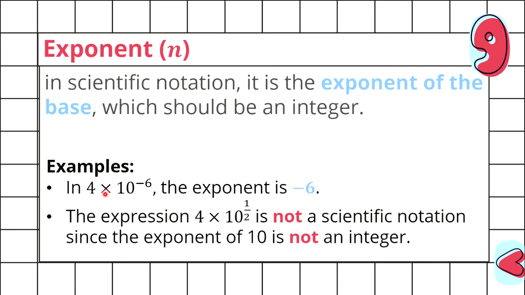In 4 times 10 raised to negative 6, the exponent is negative 6, a negative integer. However, the expression 4 times 10 raised to 1 half is not considered a scientific notation since the exponent of 10 is not an integer. So make sure that the exponent is an element of the integers.